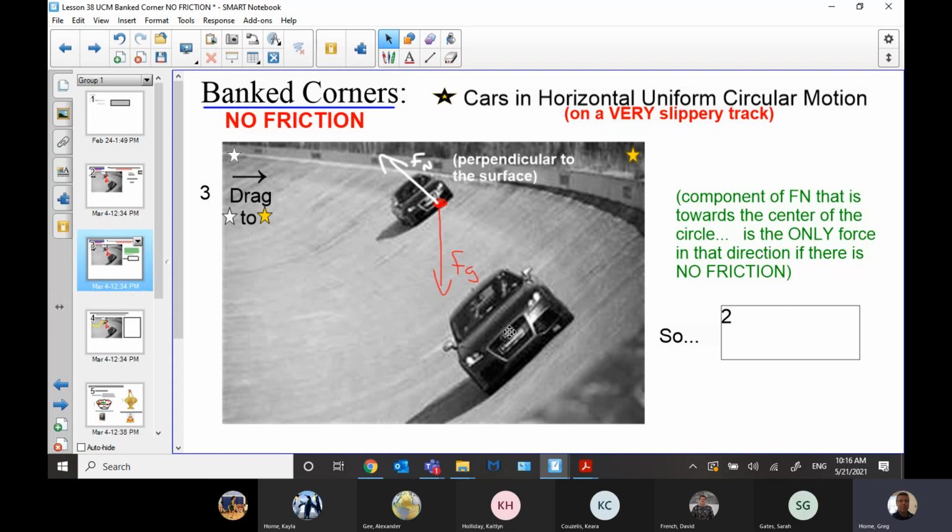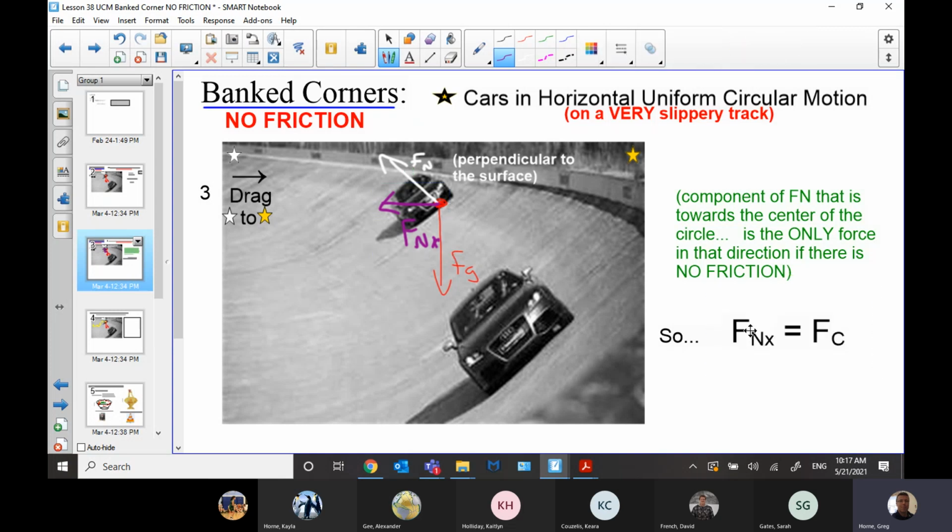So picture the component of that normal force towards the center of the circular motion. I'm looking at this one right here: the Fn x component, towards the center. That's the only thing that's towards the center if there's no friction.